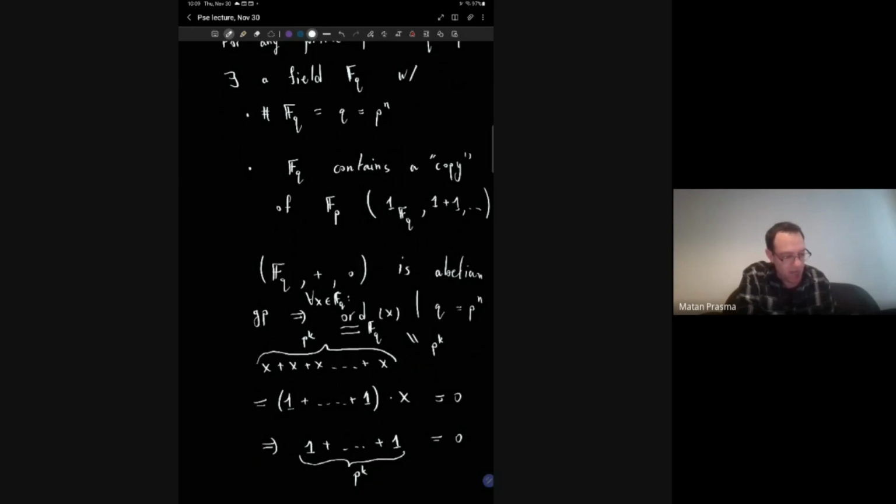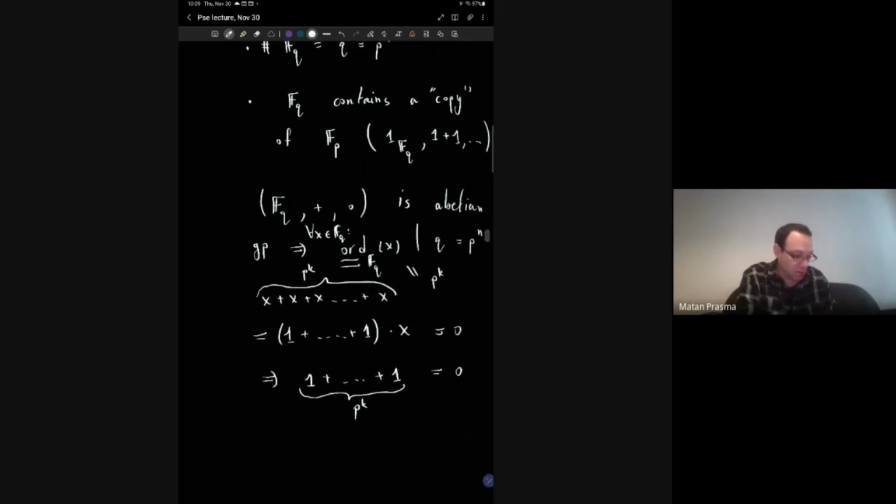I mean, if two elements multiply into 0, one of them must be 0. Okay, so now this means that the characteristic of FQ must be P, in fact, because it cannot be any other prime. You will not have 1 plus 1 plus 1 equals 0.